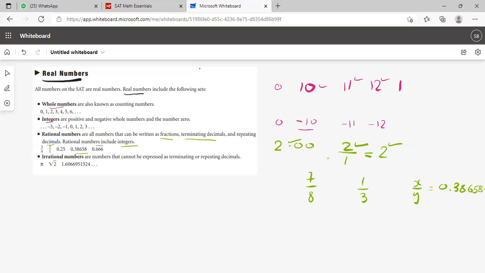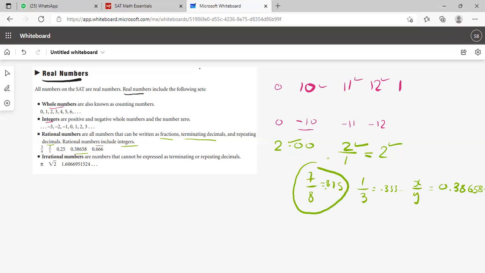Okay, it's not stopping. So the answer in this case is 0.875. The answer in this case is 0.333, and this is going on continuously. Okay, it's not stopping.